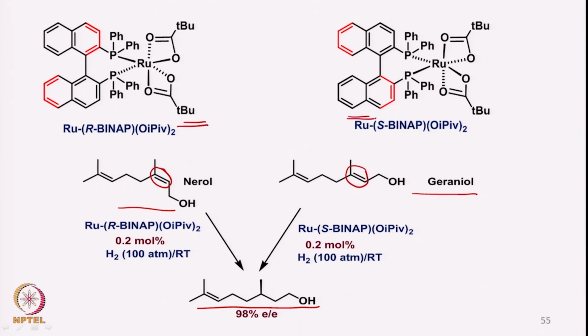As we can see, only 0.2 mole percent of the catalyst has to be used with hydrogen at 100 atmosphere pressure at room temperature, and if we start with this and use R-binap, we get this molecule, and the same molecule can be obtained by inverting the geometry of the double bond from nerol to geraniol and using S-binap, and we get the same molecule with the same enantiomeric purity and same configuration, and therefore both nerol and geraniol can be converted to this using R-binap or S-binap.